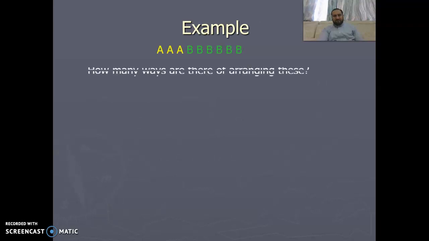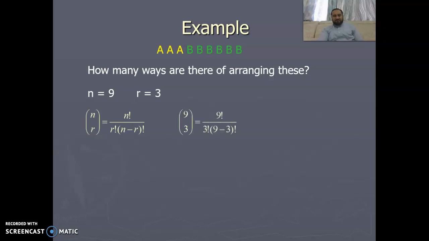Okay, so let's have a look at an example. We have 3 identical A's and 6 B's. How many ways are there of arranging them? Since there are 9 letters and r is equal to 3, because 3 are identical, it will be nCr, n factorial over r factorial times n minus r factorial.